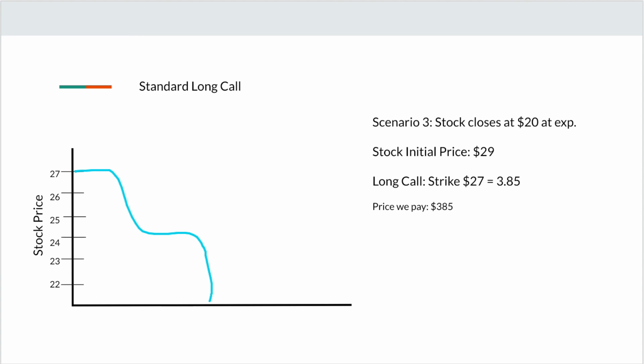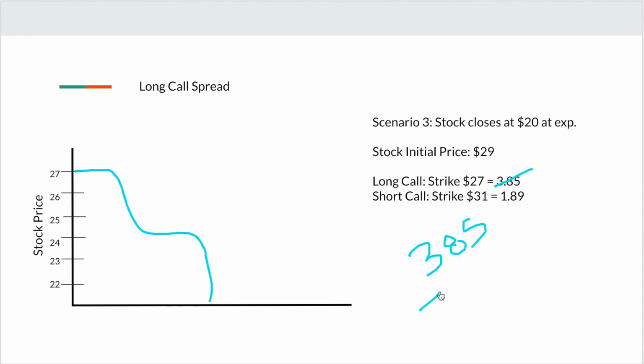Now, if we compare that to the long call spread, you lose 385 here, so this goes away. However, you gain 1.89. So you are going to be losing $385, but you're going to be gaining 189. So you subtract 189 from 385, and that puts you at a grand loss of 196.